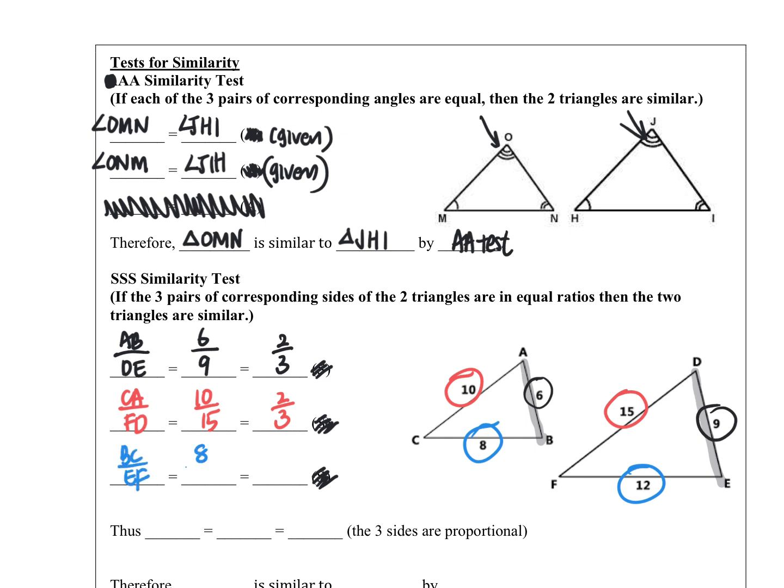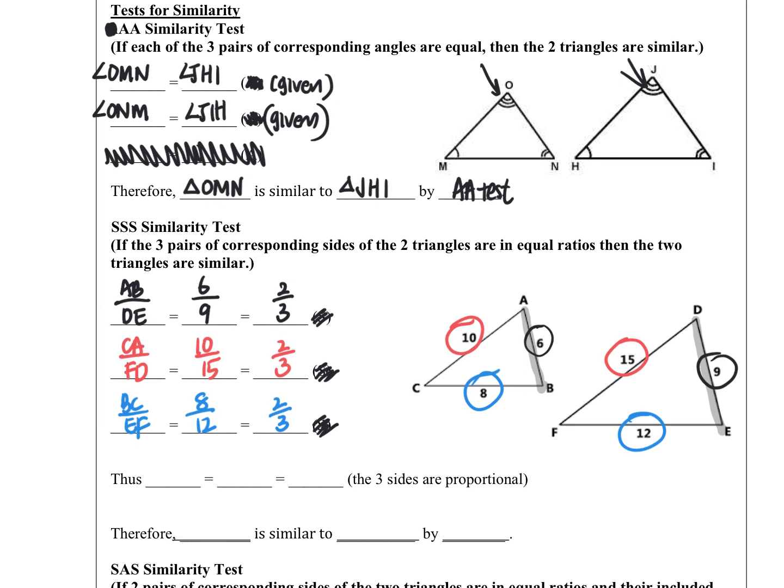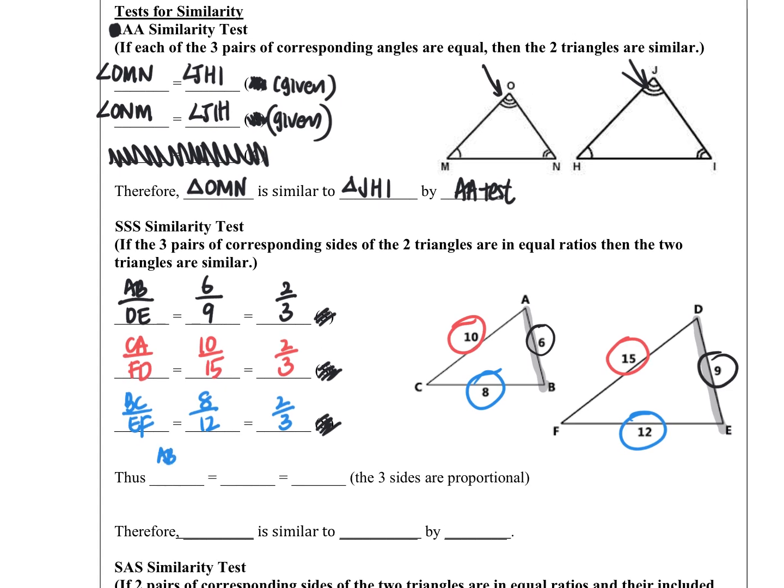So it's 8/12, so it's also 2/3. So since you have shown that all three sides are of the same ratio, not equal in length, is ratio, then they are proportional. So triangle ABC is similar to DEF by SSS test.